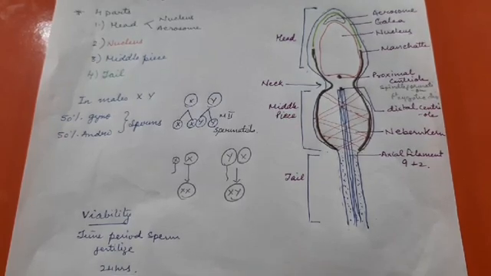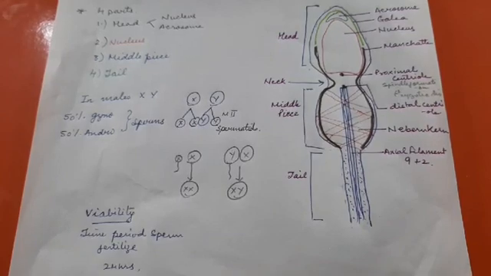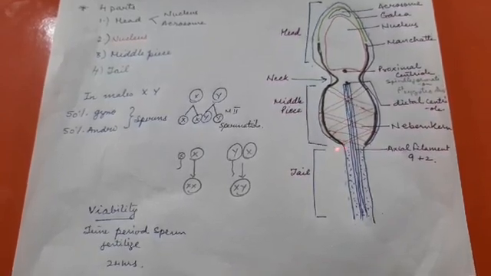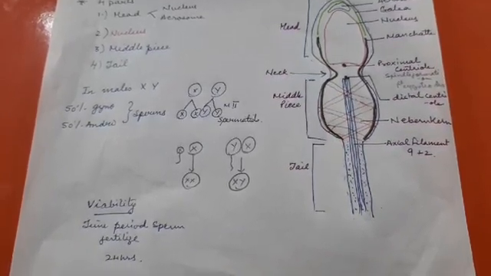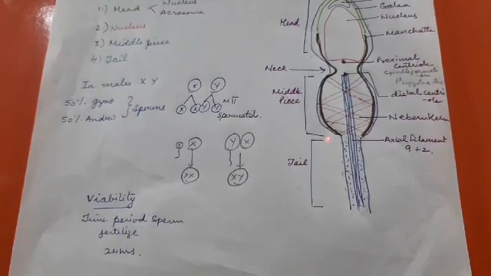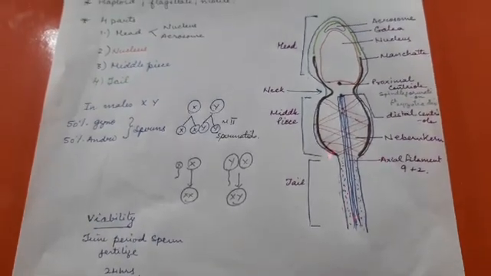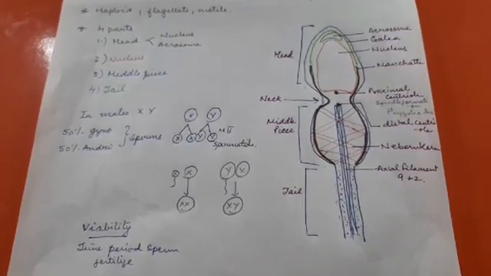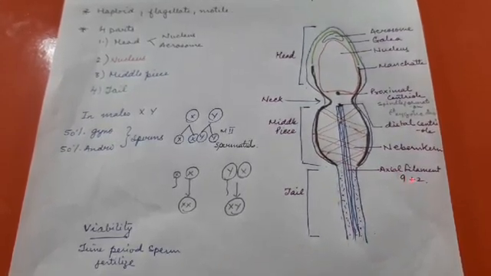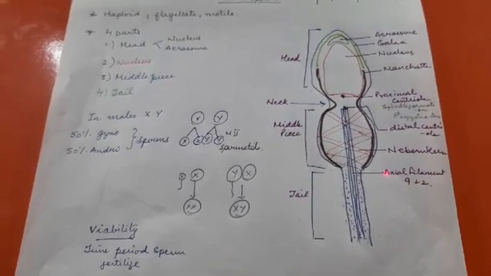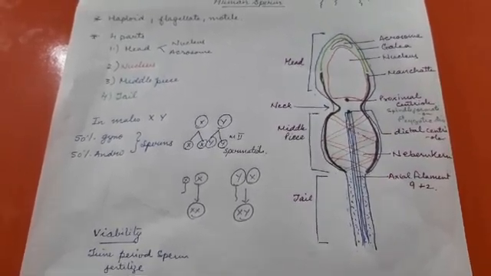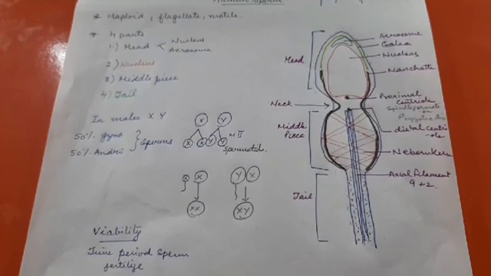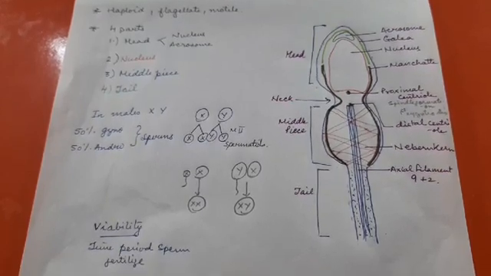So, the middle piece, it again narrows down. We see the plasma membrane which is on the sides of this axial filament. These axial filaments in the center here, they have 9+2 arrangement of microtubules. Centrioles, they have 9+0 arrangement.